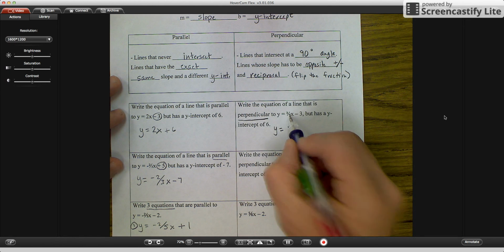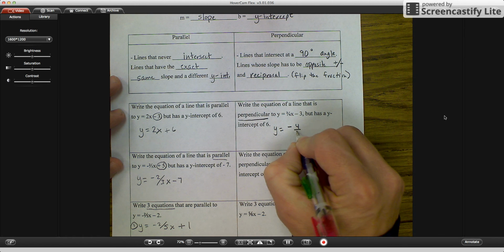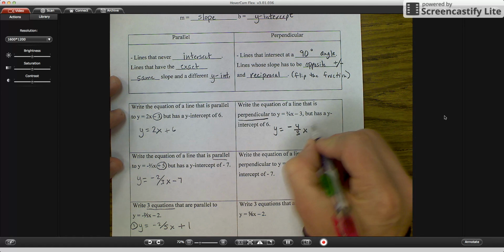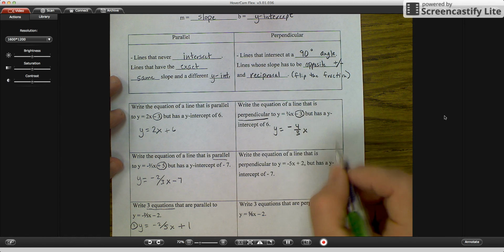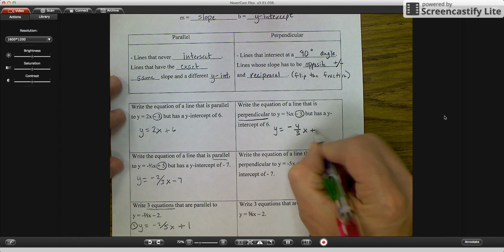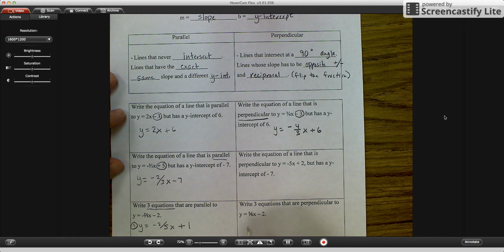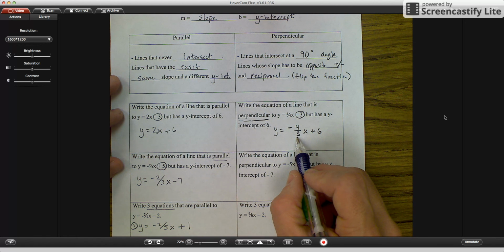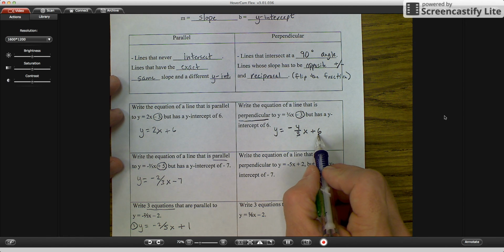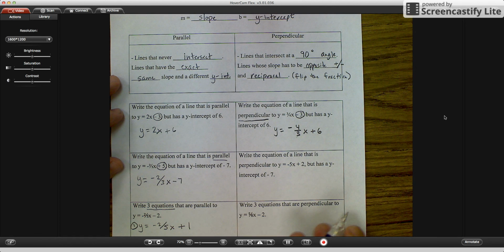So instead of 3/4, we're going to make it 4/3 x. And a new y-intercept of 6. Well, my y-intercept is right there. So instead of a negative 3, we're going to put plus 6. And that's it. Our equation is done. Okay? So we're changing the slope two different ways and adding whatever y-intercept we need to add.